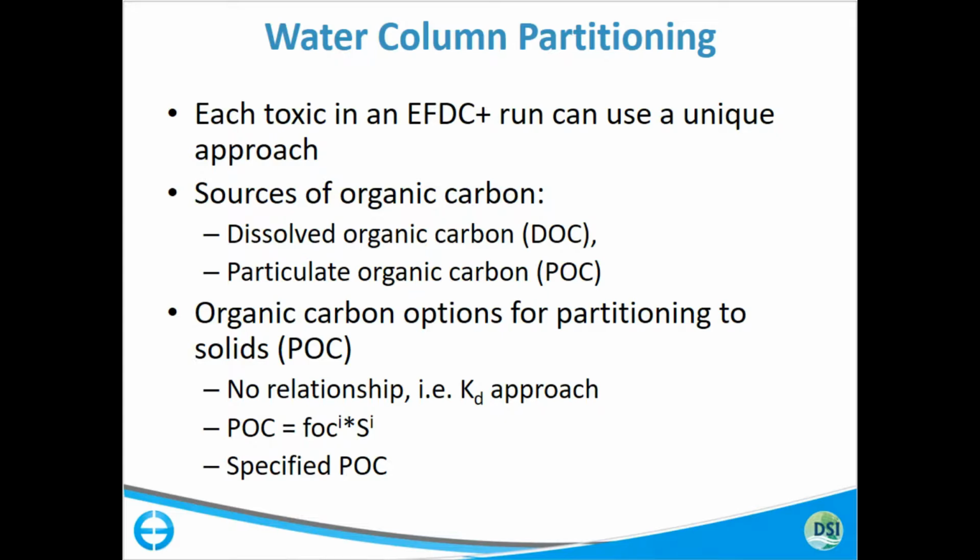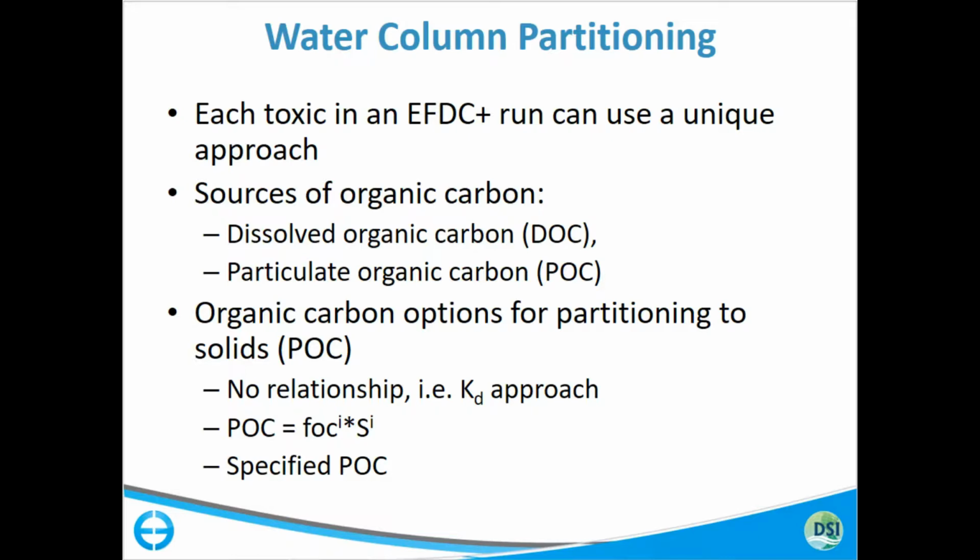For one thing, prior to EFDC Plus, toxic contaminant number 1 controlled all the partitioning options for all the toxics. So it would apply one partitioning that you had specified for toxic 1 to everything.